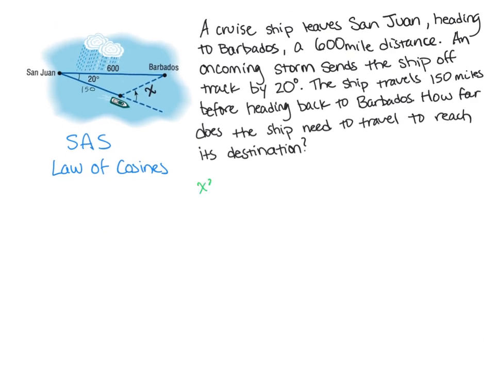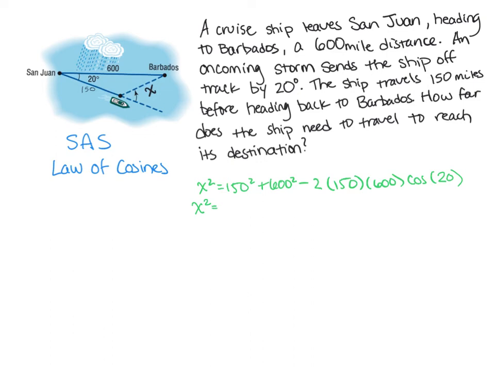So we'll have x squared is equal to 150 squared plus 600 squared minus 2 times 150 times 600 times cosine of, not 120, just the 20. And there we are. So now that I have this done, let's start squaring some things.